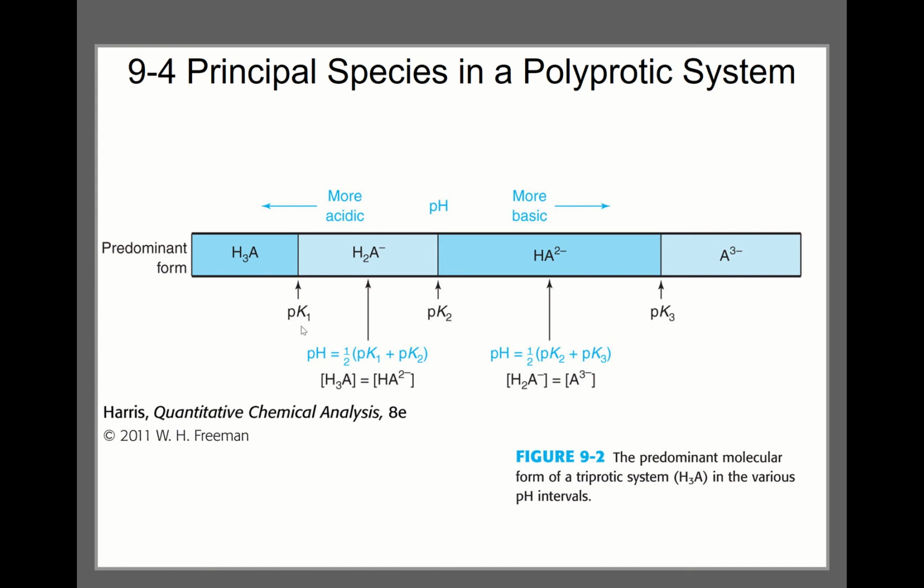Between pK1 and pK2, H2A minus is the principal species, and between pK2 and pK3, HA2 minus is the principal species, and beyond pK3, A3 minus is the principal species. So systematically we can say which one is the principal species. Very simple.